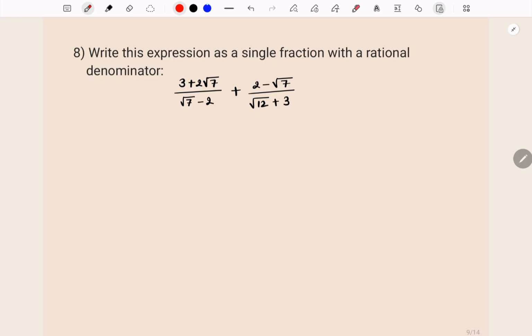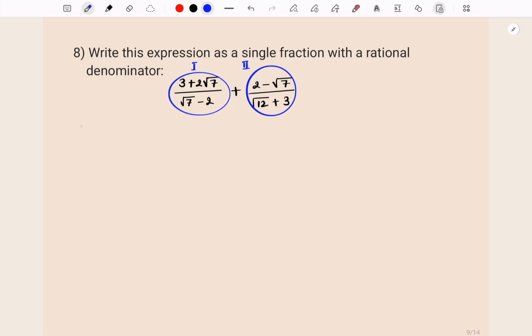All right, so I can name this fraction as the first fraction, and I can name this one as the second fraction. So now I will handle the first and the second fractions separately, and at the end I will just add them up to find the final answer.